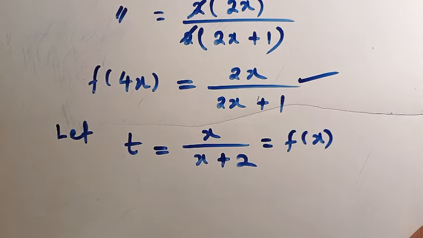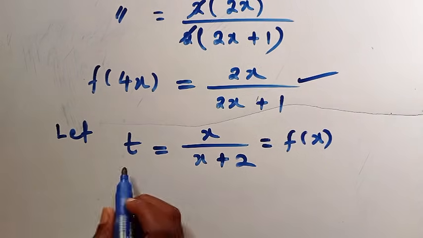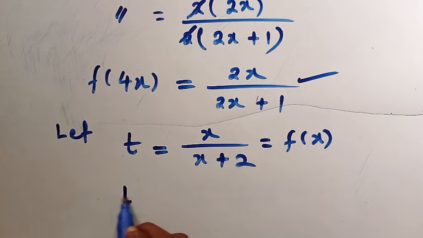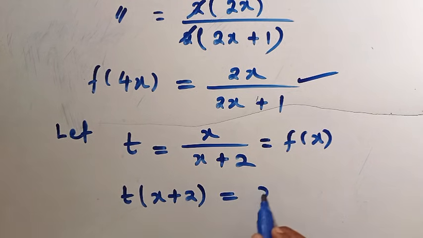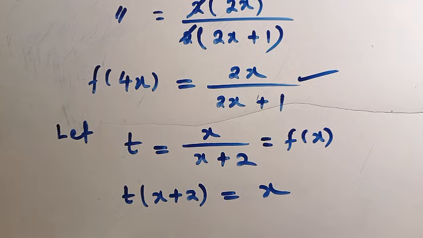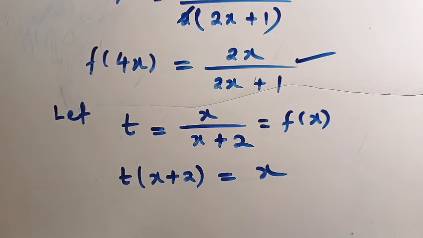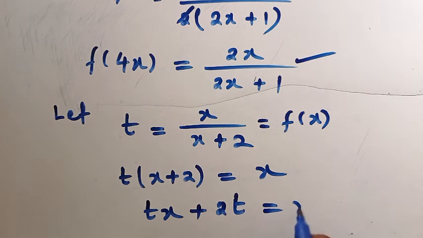Then we make x the subject by cross multiplying. Here we have t into bracket of x plus 2 equals x. And opening the parentheses, t times x gives us tx, plus t times 2, that is 2t, equals x. Then we do some collection of like terms.